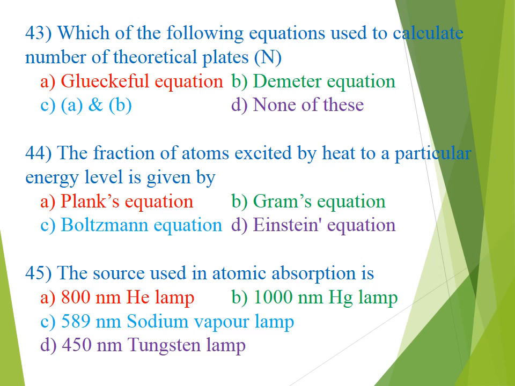The fraction of atoms excited by heat to a particular energy level is given by, you know very well, the Boltzmann equation. Option C is correct, Boltzmann equation. Question number 45. The source used in atomic absorption is option C, 589 nanometer sodium vapor lamp. Therefore, C is the correct answer.